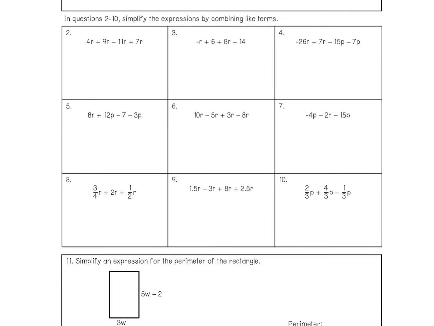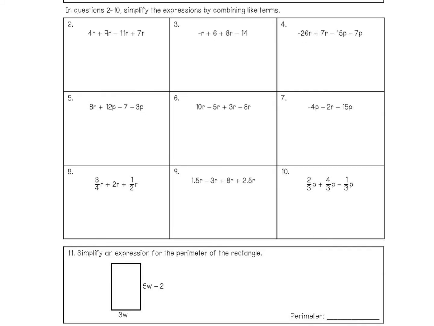Now on 2 through 10, I see some whole numbers, positives and negatives. Do you agree? I also see some fractions, and I see some, stop freaking out. I see some freaking out happening on your face. Let me ask you, do you know how to put a fraction in your calculator?